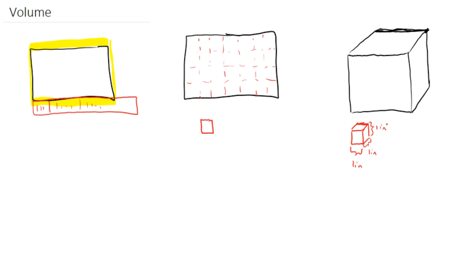In those three dimensions, it's an inch on each side, so we call it an inch cubed or a cubic inch. It's the unit of measurement for three-dimensional space.